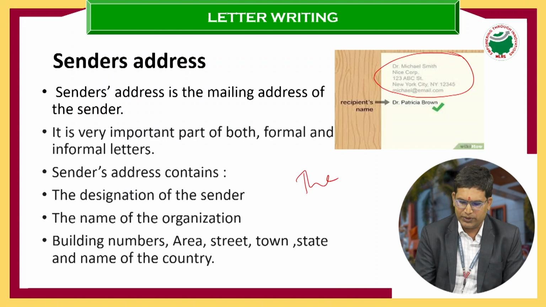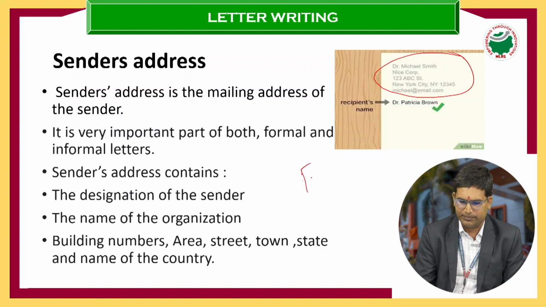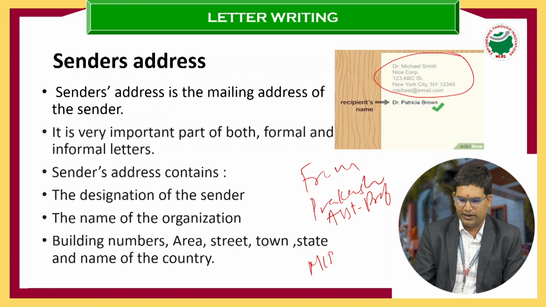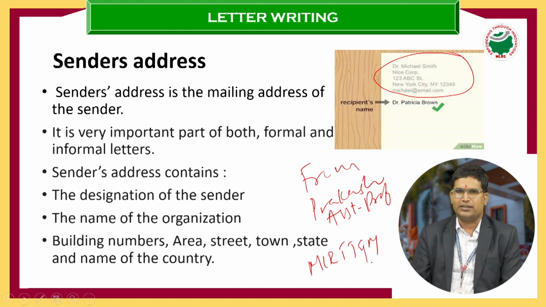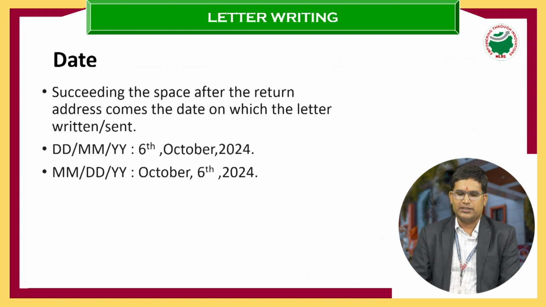To the HOD, so the HOD is the receiver, and I am the sender. First I write the from address: my name, my designation, assistant professor, and the organization where I work, Mlritm. This becomes the sender's address. The person who is writing, his address should be mentioned as the sender's address. Next, after the sender's address, we need it.